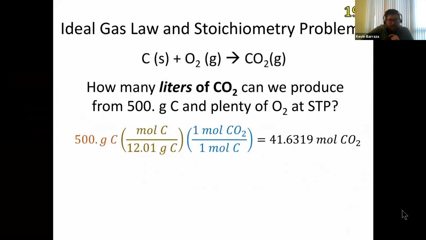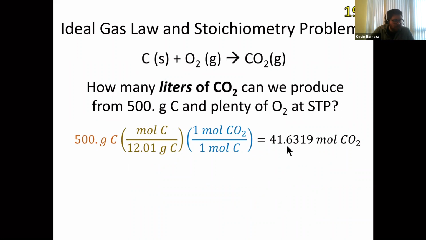We're going to set up 500 grams, convert it to moles, using the molar mass. So that's from the periodic table. And then we're going to do, using the coefficients of the balanced equation, 1 mole actually turns into 1 mole of carbon dioxide.